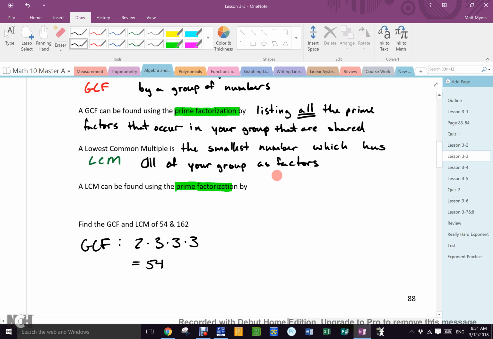An LCM can be found using the prime factorization by listing all factors only once. So in greatest common factor, we had to do what was shared, yes? But in this one, we got to do everything, but we only count the stuff once.